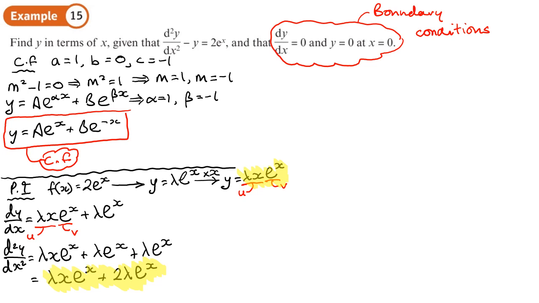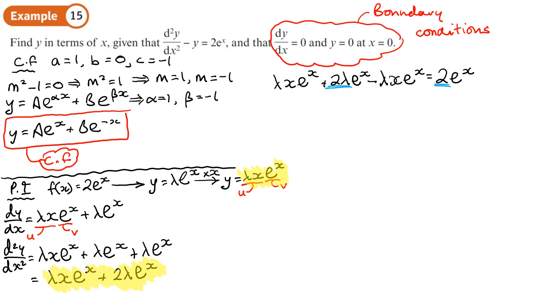So lambda x e to the x plus 2 lambda e to the x, that's d squared y over dx squared, minus y, so minus lambda x e to the x, just put the x in, lambda x e to the x, that equals 2e to the x. Now comparing coefficients, I've got 2 lambda there, and I've got 2 there.